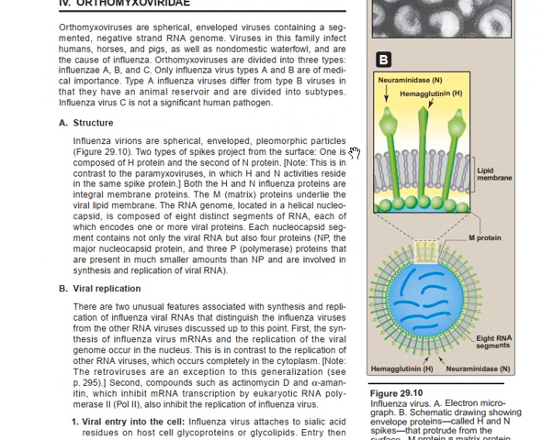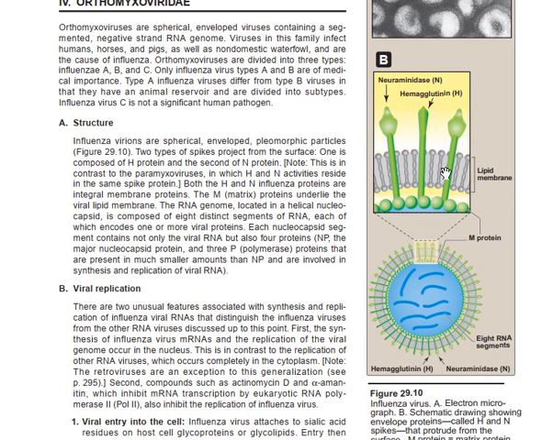Now, the influenza virus, you have an electron micrograph. Is it clear? This is the influenza virus. You need to know that with the influenza virus, you have the capsid and the envelope.